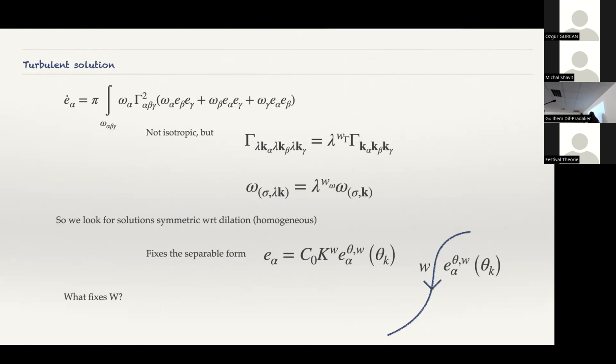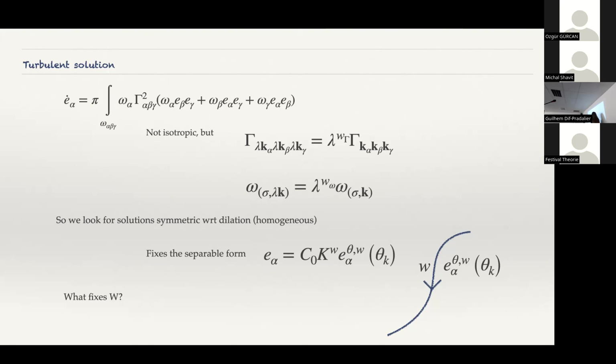And if you look for solutions which are also symmetric with respect to dilation, it fixes the separable form: K to the power w times an angular function, where big K is the amplitude of the wave number.